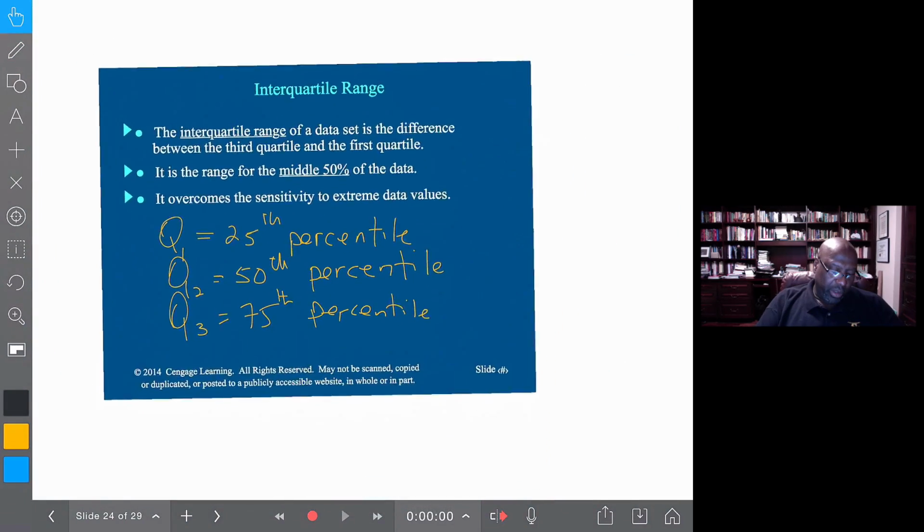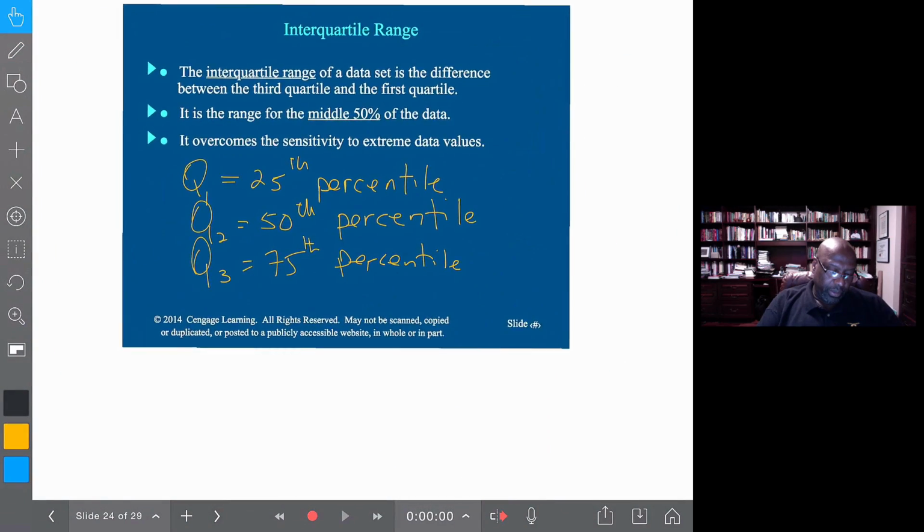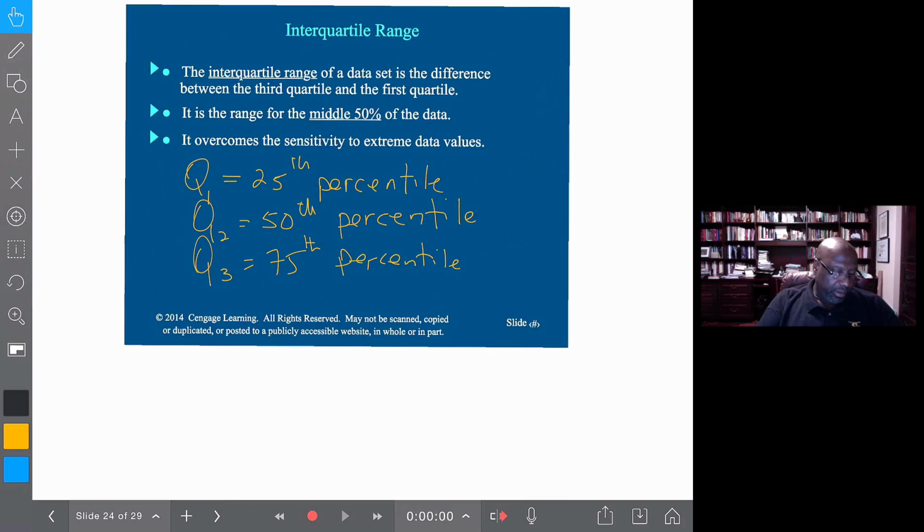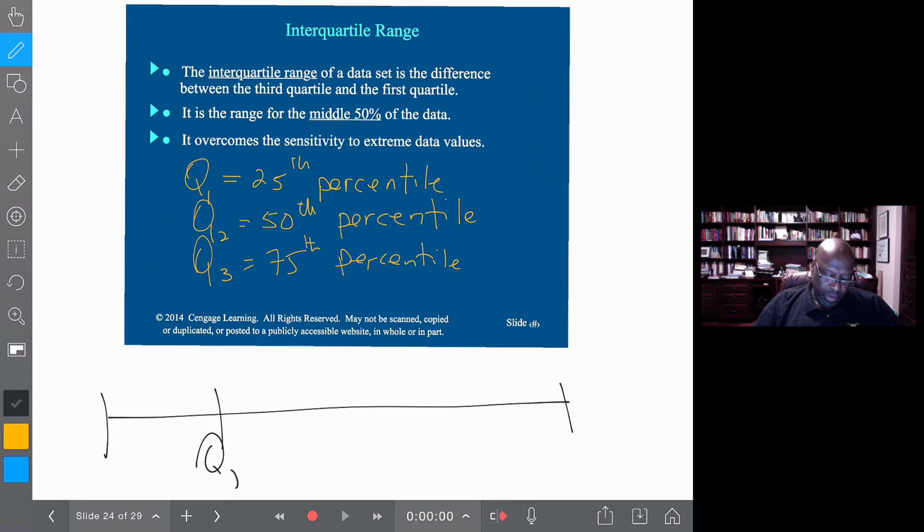To show you what we're talking about here, this is our first quarter, Q1. The middle is Q2, and the third quarter is Q3. Then the interquartile range is that middle 50%.